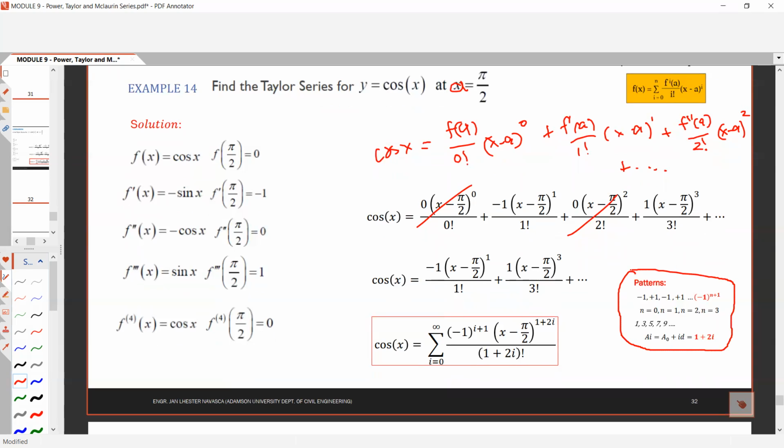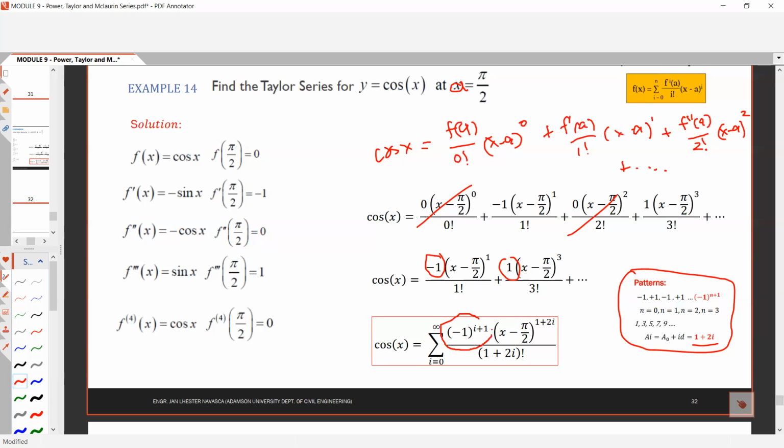Ano yung pattern natin? So starting from n equals to 0, kung nakita mong pattern, -1, 1, -1, 1, -1, 1. Therefore, that is -1 raised to n plus 1. Okay. Then nakita mong pattern that is the powers is 1, 3, 5, 7, 9. So nagawa na natin yan. That is simply 1 plus 2i. Diba? So pasok mo na lang siya dito. So that is -1 raised to i plus 1.